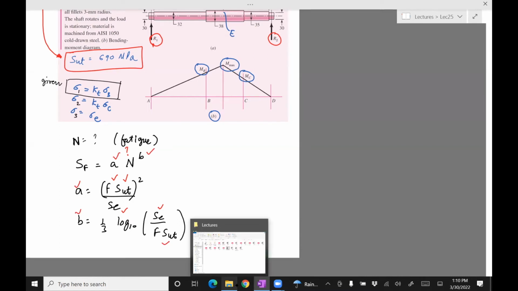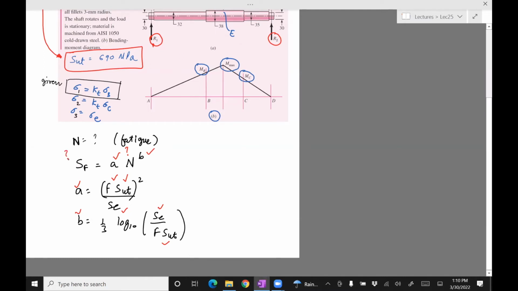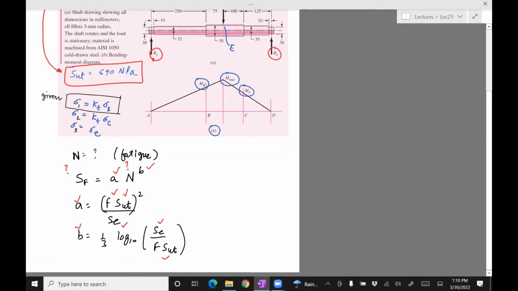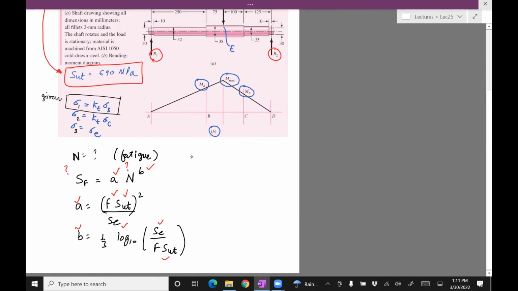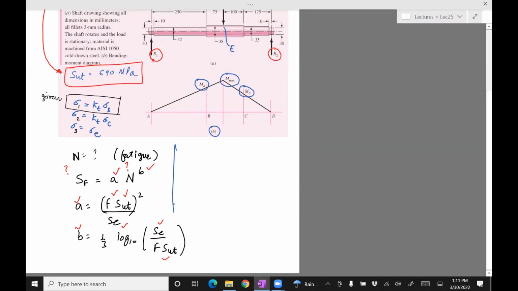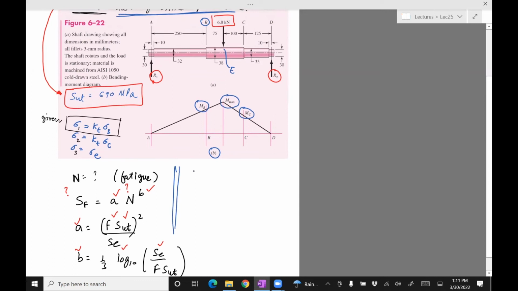Okay, so then the question is, do we know S_f? The way you can compute S_f is that S_f is the stress at B, because B is the critical point. Now, how do we get the stress at B?